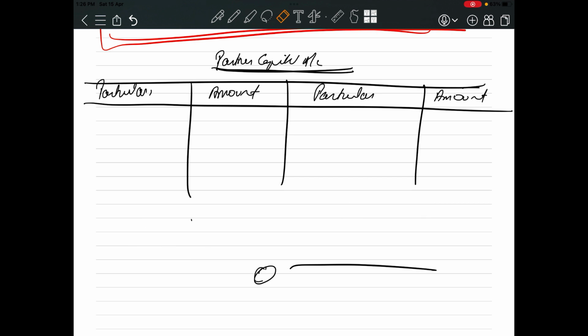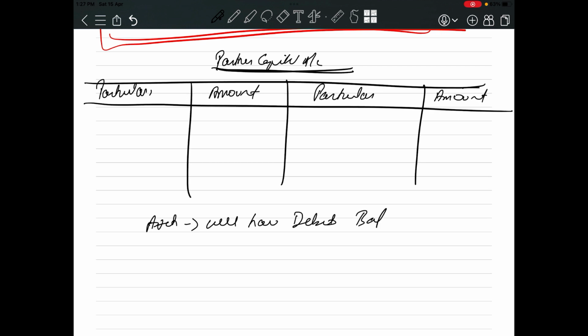Now, if it is a liability, I've told you in the basic class that all the assets will have a debit balance, which means an increase in assets will be debited and a decrease in assets will be credited.